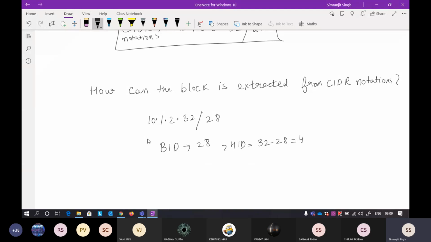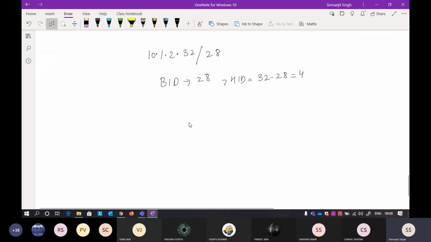So how can you extract the block here? You take the network ID address, 1.2.32, and look at the least significant 4 bits. Write the 32 here: it will be 0 0, then 1, then followed by 5 zeros.